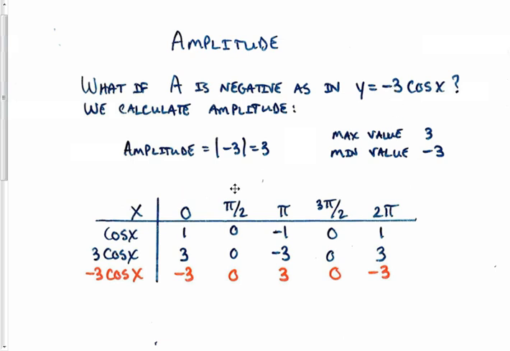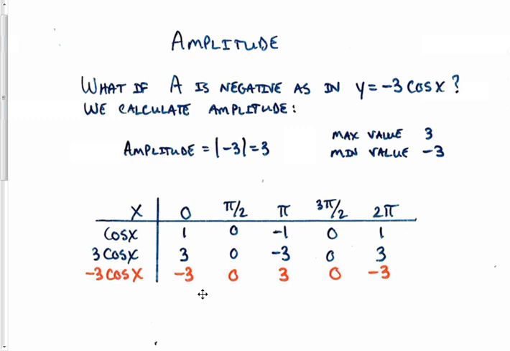So I'm still looking at the same important x values. And when I had y is equal to 3 cosine x, the important y values were 3, 0, -3, 0, and 3. But now I'm looking at y equal -3 cosine x. And so instead of at x equals 0 having cosine x a value of 1, I multiply that cosine x value by a -3.